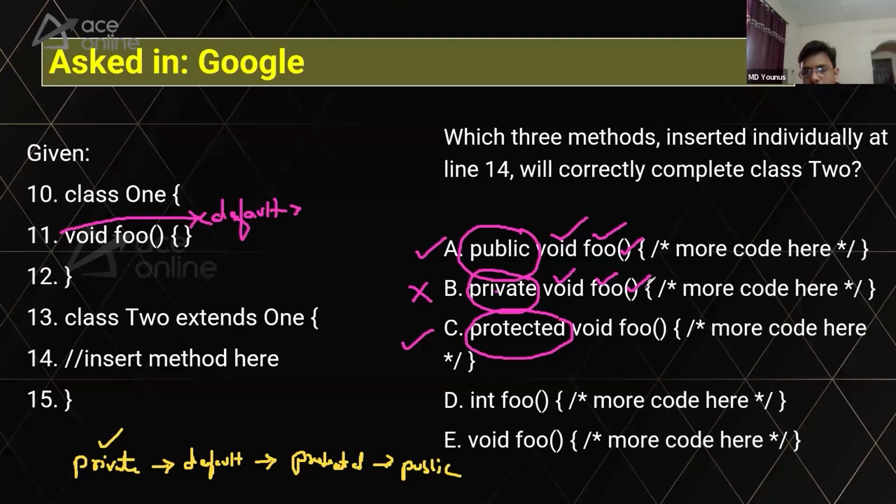Okay, great. Option D, allowed or not allowed? No. Why is it not allowed? What is wrong here? The access modifier is the same, default, but the return type is different, so it is not allowed.